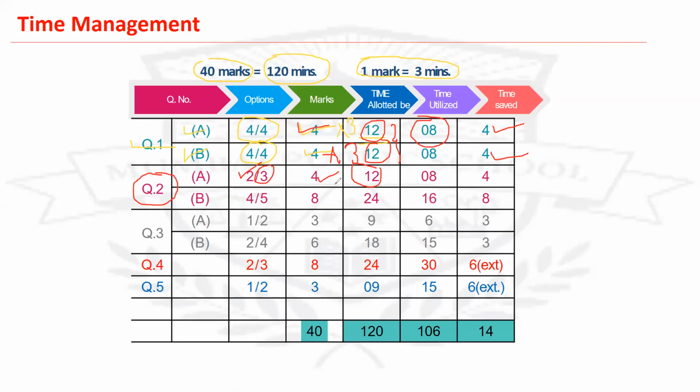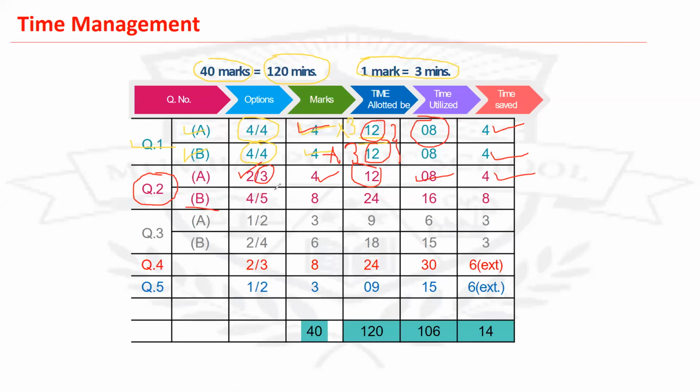So here again, you don't require 12 minutes to solve this. Here also you're going to utilize only 8 minutes. Here you're going to save 4 minutes with you. Same thing, you will go for section B.